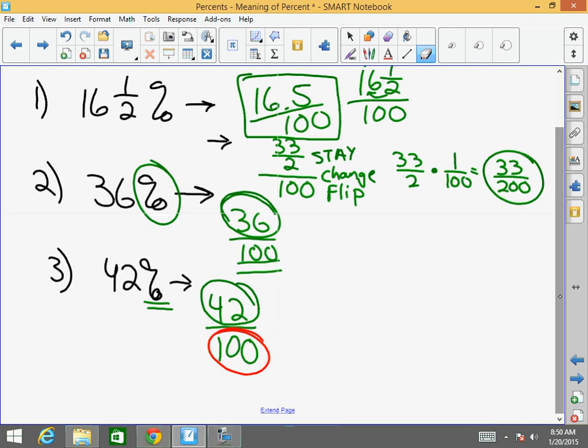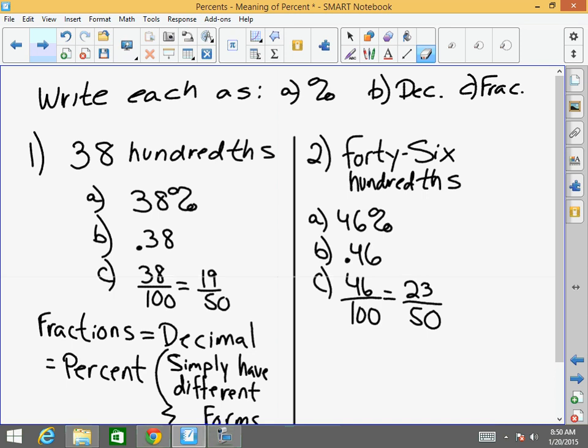Yeah, thank you, sir. Okay, now, I wanted to show you once again here how to write each as a percent, a decimal, and a fraction. Let's think about this, guys. If I tell you 38 hundredths, and actually let's go ahead and get rid of this here.